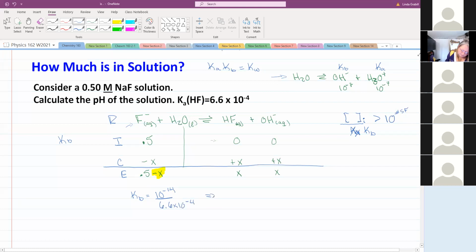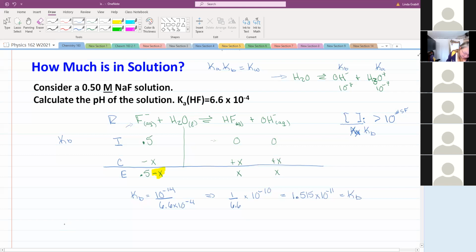My trick for simplifying that negative 4 is to write it as 10 to the 4th, so I have 1 over 6.6 times 10 to the negative 10. What did you get for your Kb? It's going to be like 10 to the negative 11 something. 1.515151515 times 10 to the negative 11. Okay, and that is my Kb.